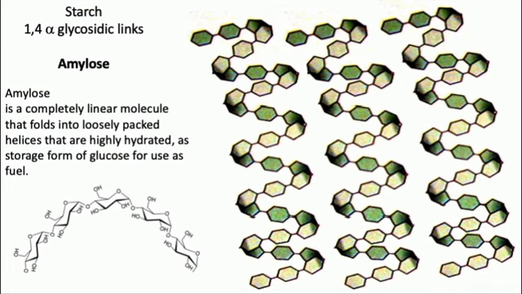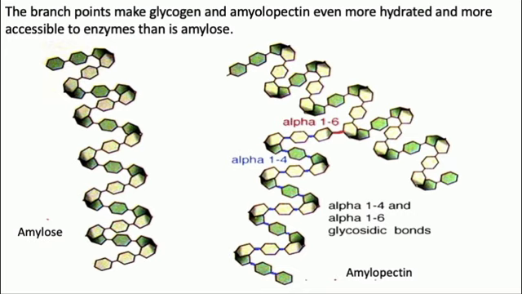And what I'm showing here is the simplest form of starch, called amylose. Amylose, the simplest starch, is formed from linking glucose monomers through 1,4-alpha links to make one simple linear molecule. In contrast, the more complicated amylopectin is formed by taking these amylose helices and linking them together to make branch points through alpha-1,6 glycosidic links.